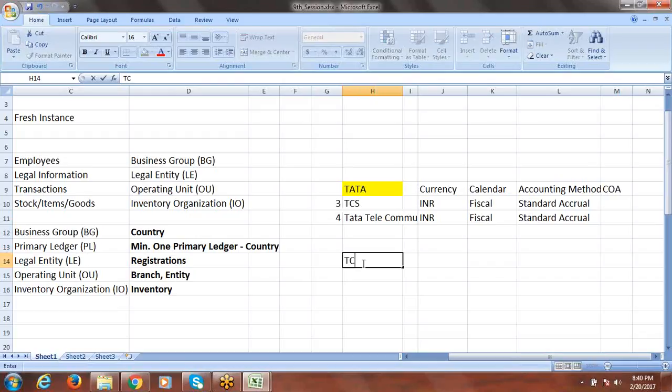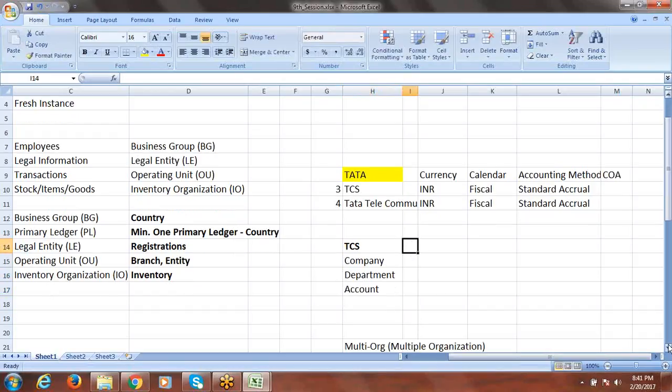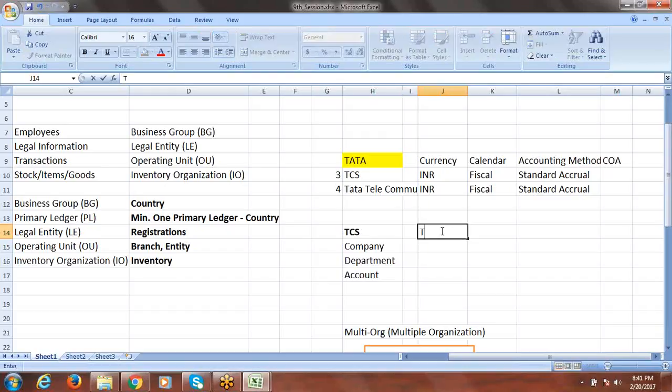For TCS, say they need segments to record the transaction: company, department, account. And when you talk about Tata Telecommunications, say they need 4 segments.